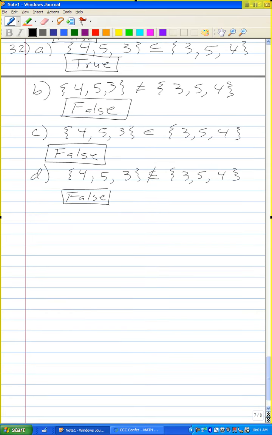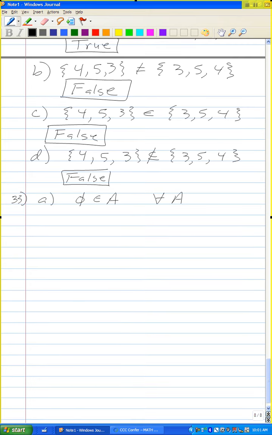Okay, let's do problem 33. A. Is the empty set a member of every set? Well, that's false. If I look at this set, it doesn't contain the empty set, so that's a false statement.